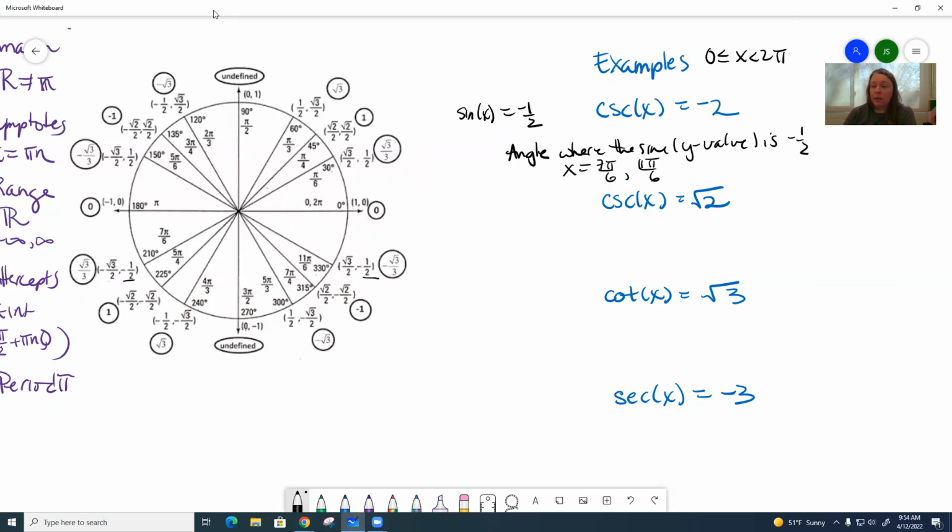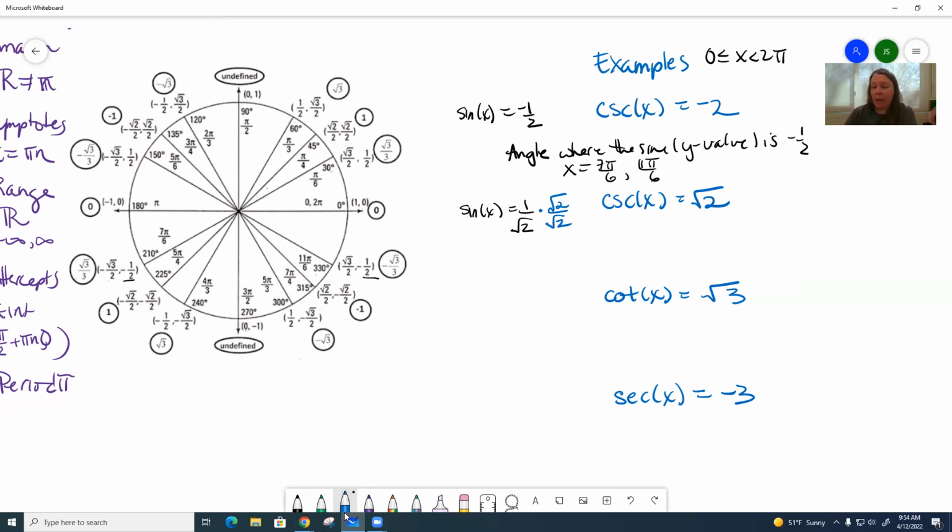Okay, this one says the cosecant of x is the square root of 2. So if the cosecant is the square root of 2, that means the sine is 1 over the square root of 2. And you might be thinking, well, I don't see anywhere on this unit circle with a y value of 1 over root 2. Remember, usually we don't write fractions with radicals in the bottom. So we call this rationalizing the denominator.